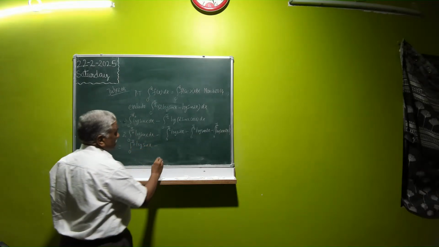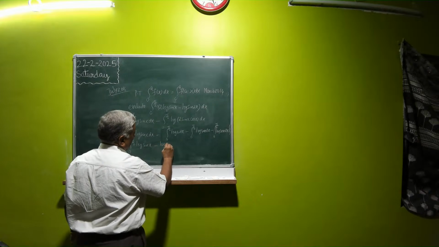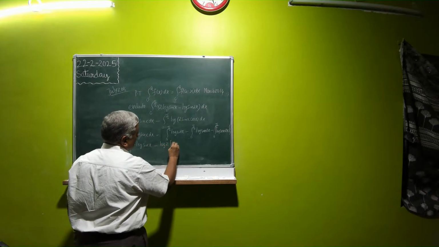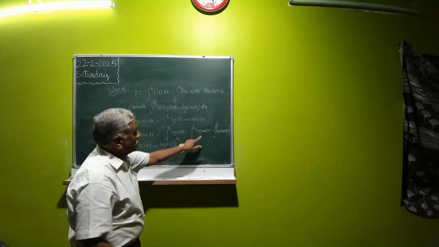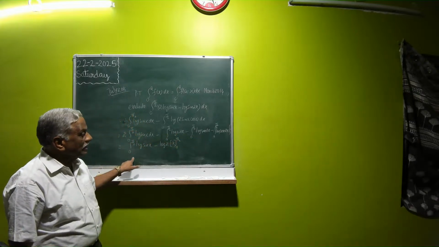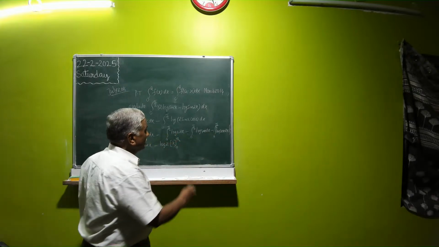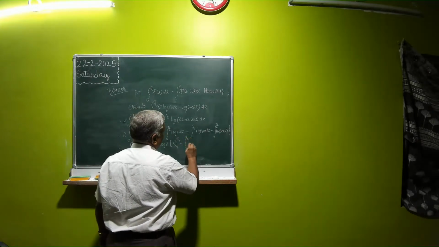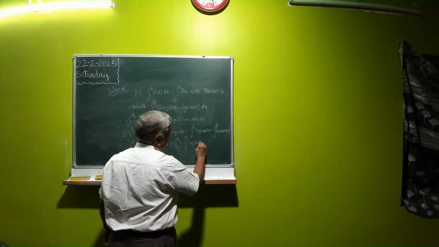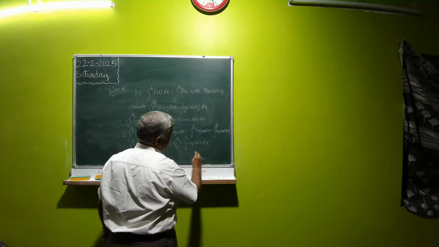Minus log 2 is a constant kept outside. Integration of dx is x, 0 to pi by 2. This minus log sin x, and 2 we have got 1 log sin x. This I can write as 0 to pi by 2 log sin x dx.